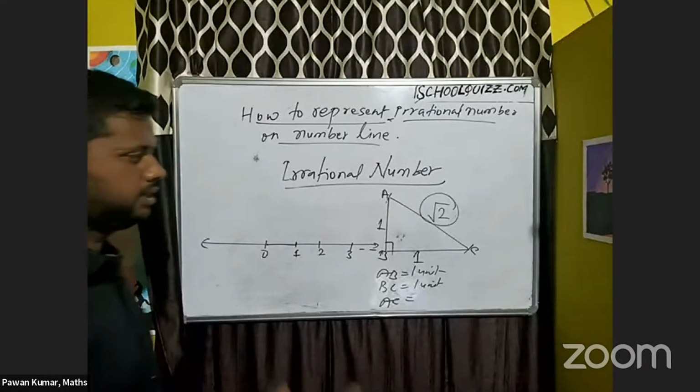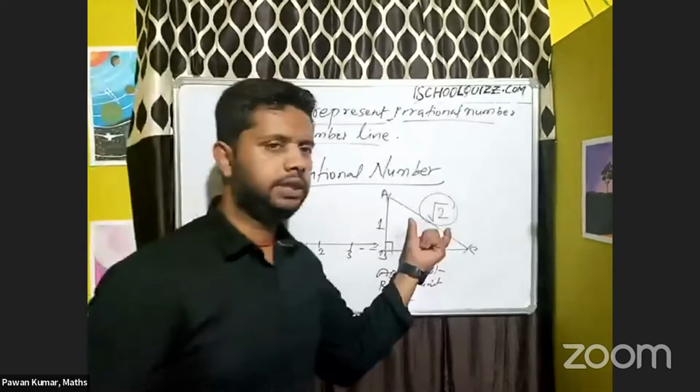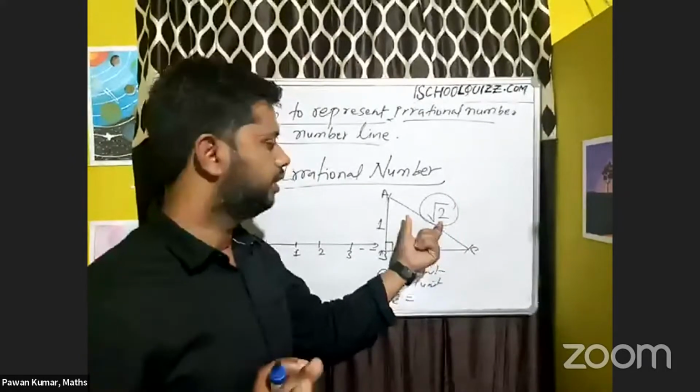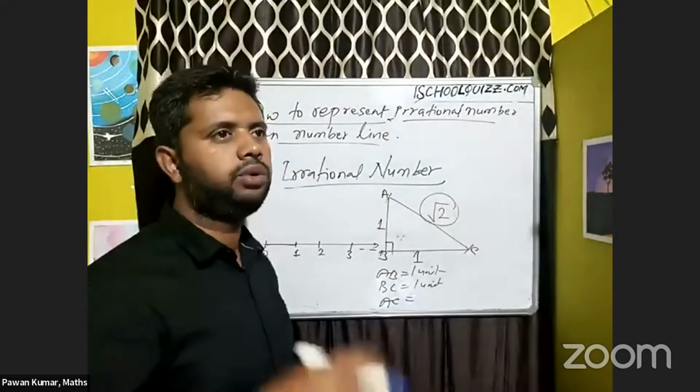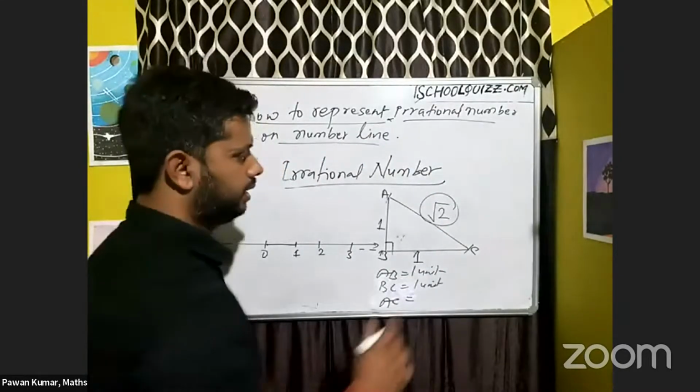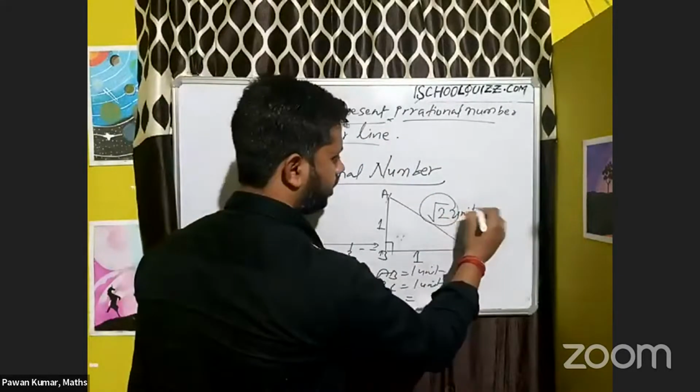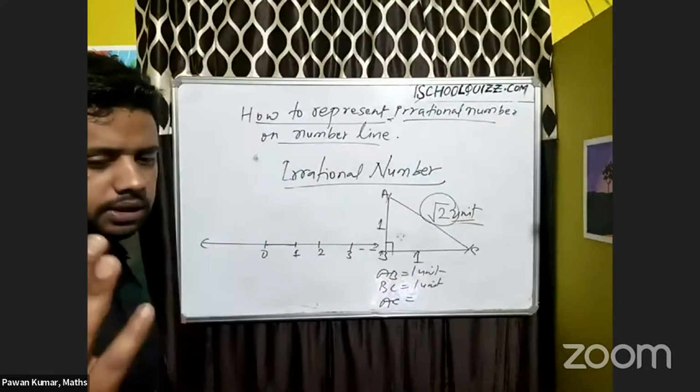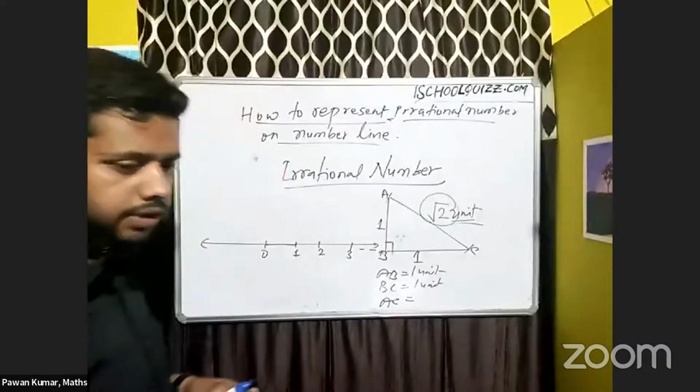That depends on you. They will not tell you to find root 2 centimeter or root 2 feet, like that. They will ask you to find root 2 directly, root 3 directly. Understand? So they can be of any unit. No need to get tension regarding how to place centimeter or meter here, correct? They will not give you like that.